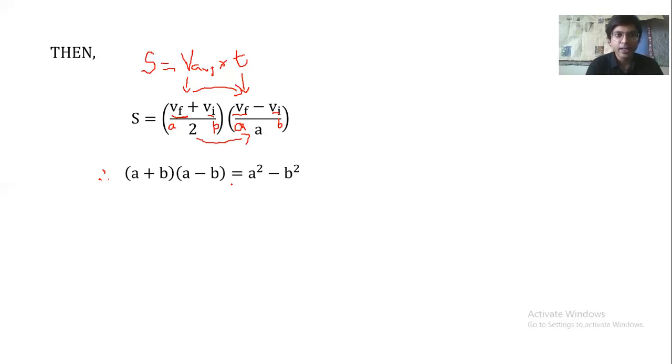It means that Vf plus Vi and Vf minus Vi can be written as Vf square minus Vi square, because I have considered Vf as A and Vi as B.